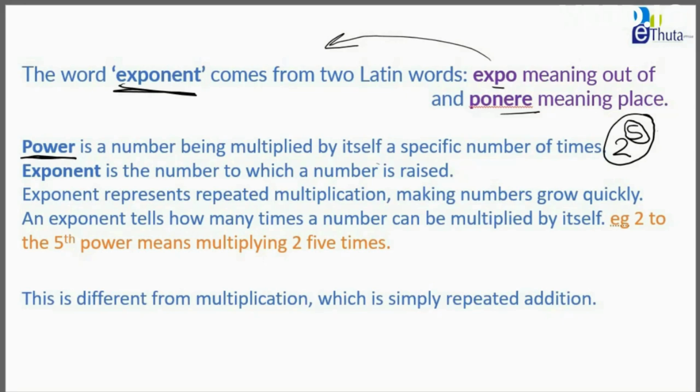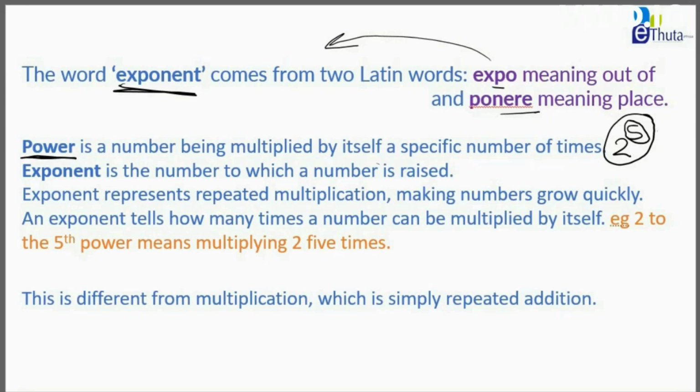Right, exponent represents a repeated multiplication, making numbers grow quickly. An exponent tells how many times a number can be multiplied by itself. For example, 2 to the 5th power means multiplying 2 five times. This is different from multiplication, which is simply a repeated addition.